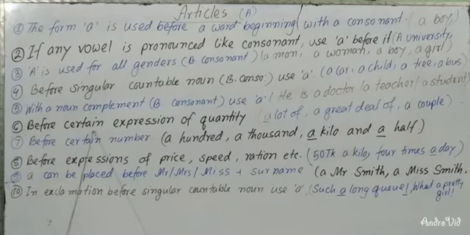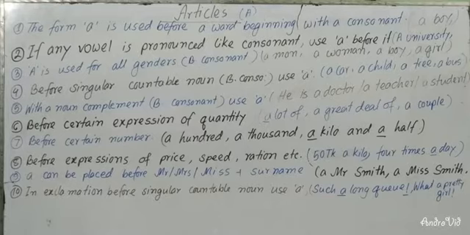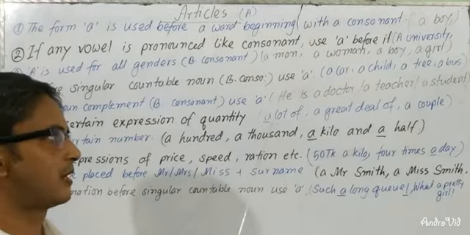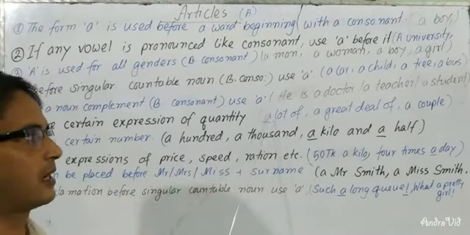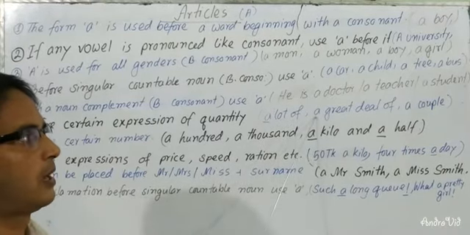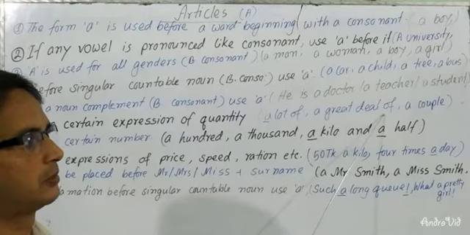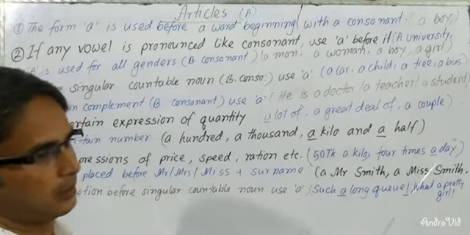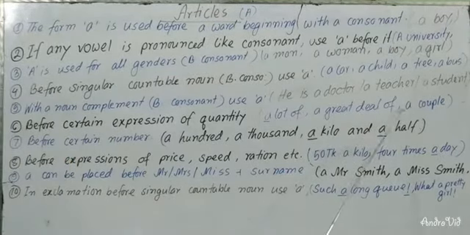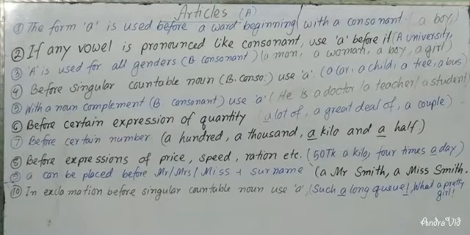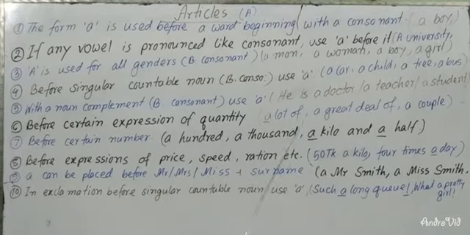Number 6, before certain expressions of quantity, we have to use article a. Like a lot of, a great deal of, a couple. We have used a here. So before certain expressions of quantity, we will have to use article a.